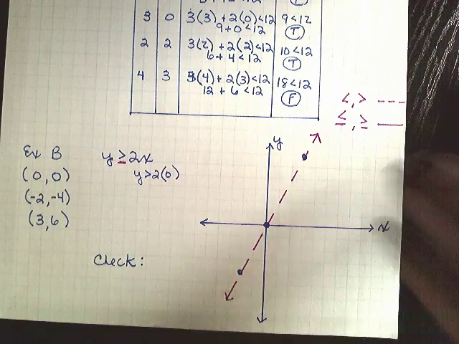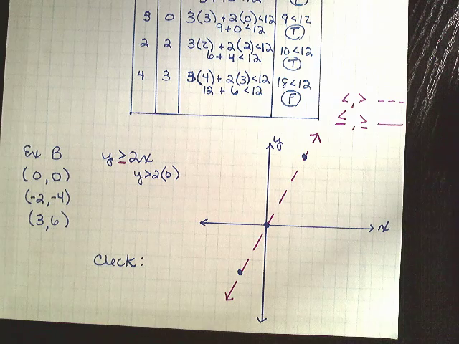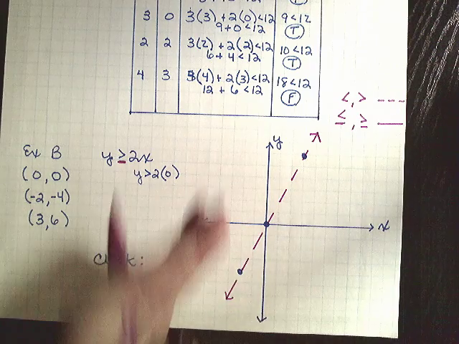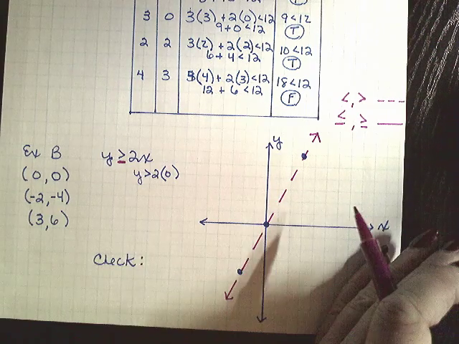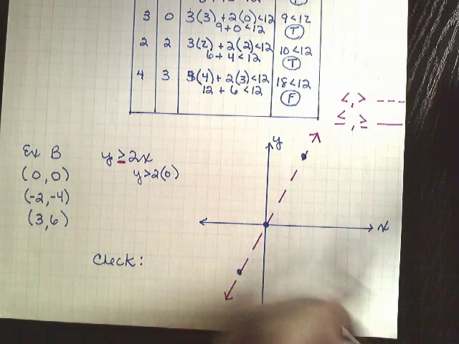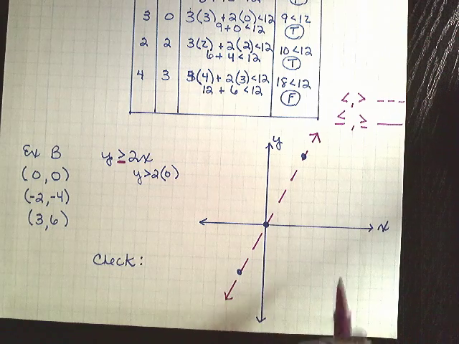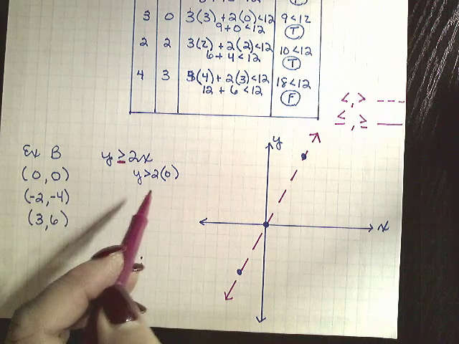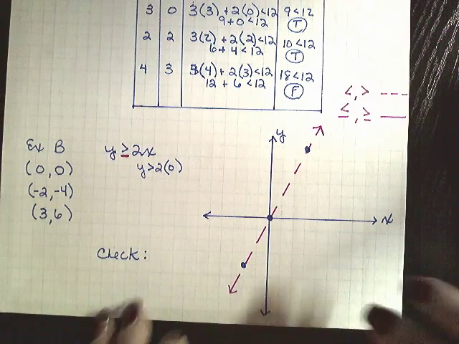So if this was an equation, we would be done. But since it's an inequality, that boundary line splits this graph into 2 planes, one on top of the line and one below the line. We need to shade in one of those 2 to determine what points would satisfy that inequality. What I like to do is do a test.